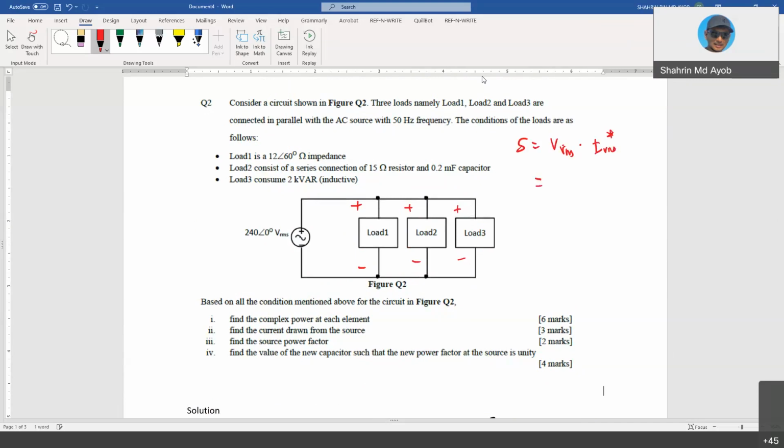From that, you can derive another equation, which is VRMS magnitude only squared over Z conjugate, or you can also use IRMS magnitude only squared multiplied with Z.